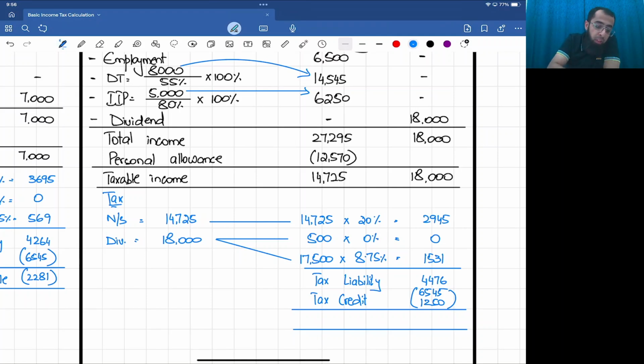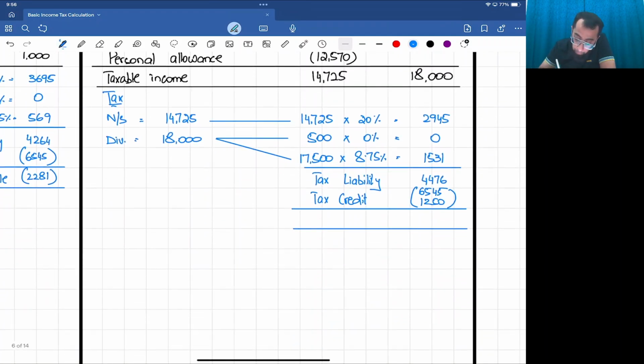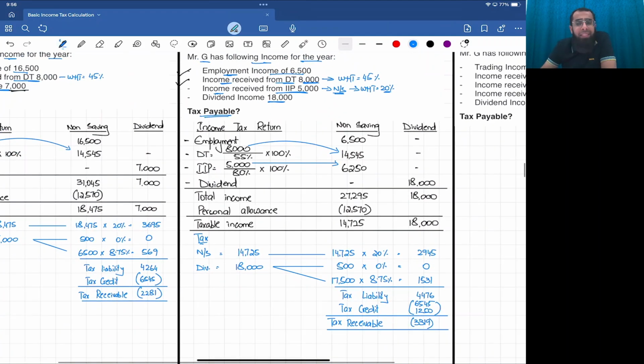So 6,545 and 1,250. So it's a tax refund because we paid greater advance tax. It's a tax receivable of 3319.